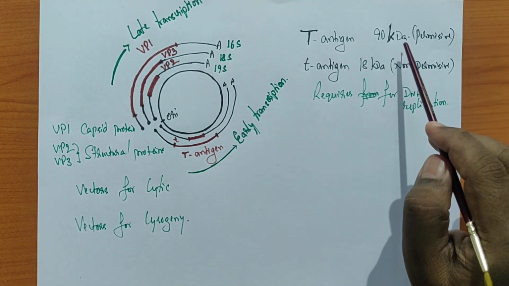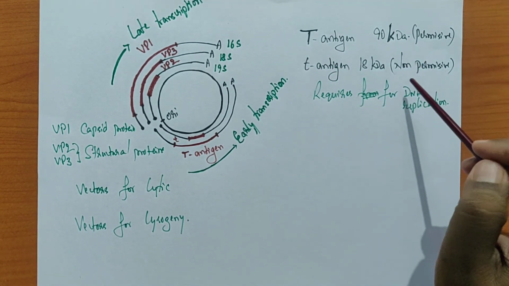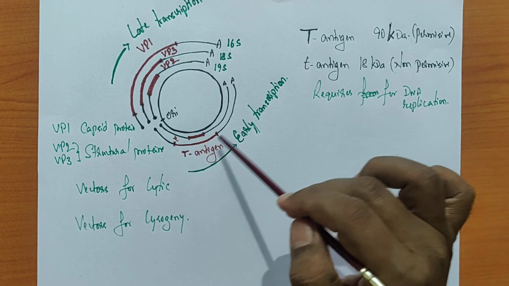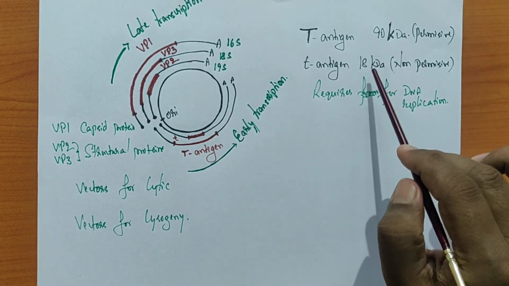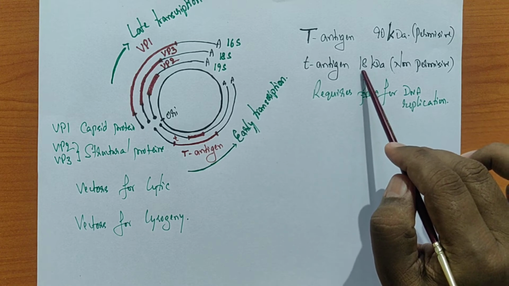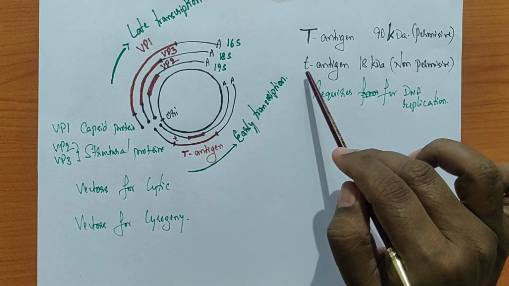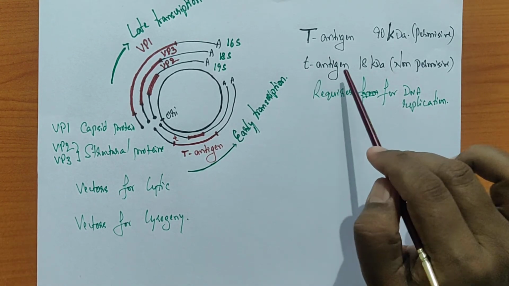On the other hand, in a non-permissible cell, the same mRNA will splice differently. That one is a smaller protein, 18 kilodalton, represented by the small T antigen.